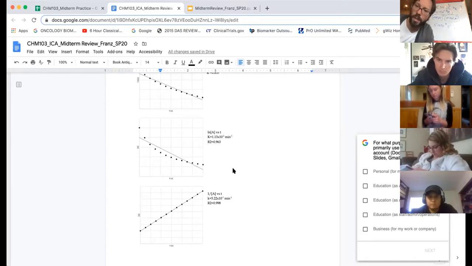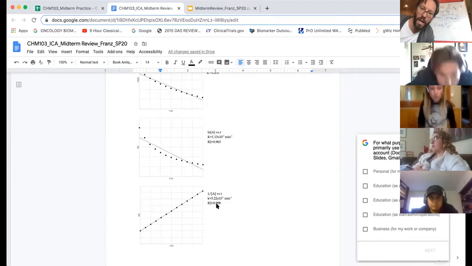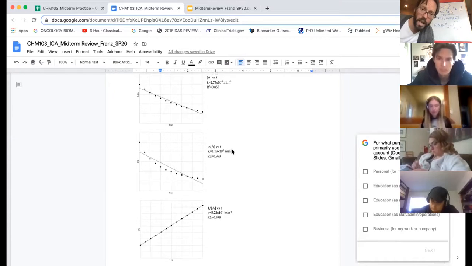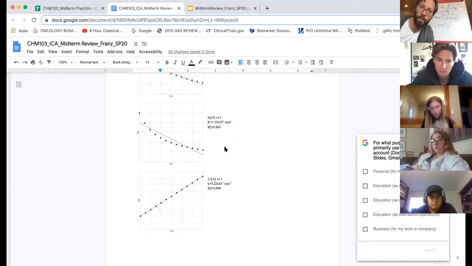Then the best thing you can do is look at the R squared value. What's the R squared value of this? It's 0.998. It's pretty close to 1, which is to say it's better than 0.96 and better than 0.85. So it's really just right on the money, and we will say it's a second order reaction.